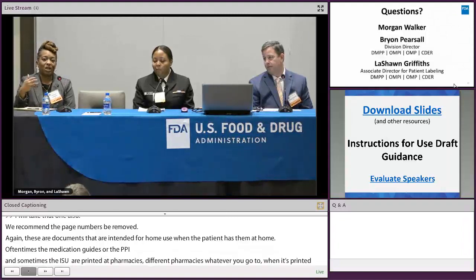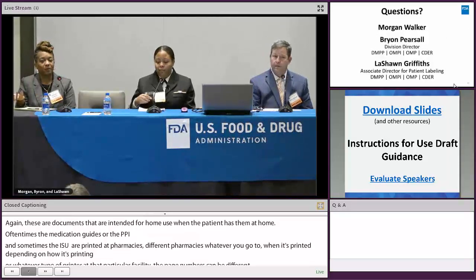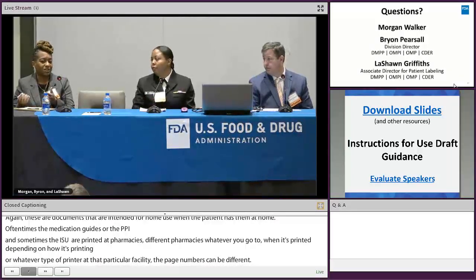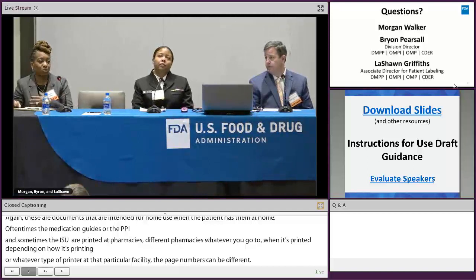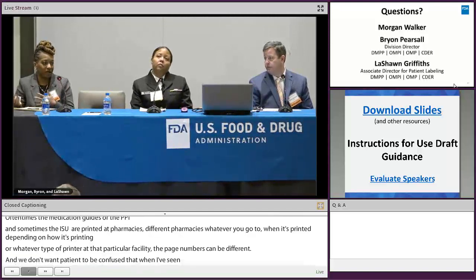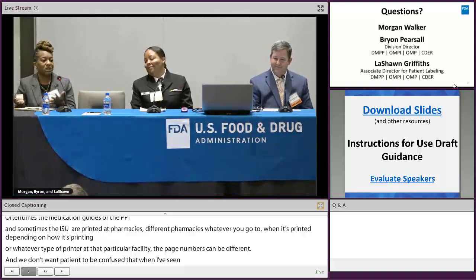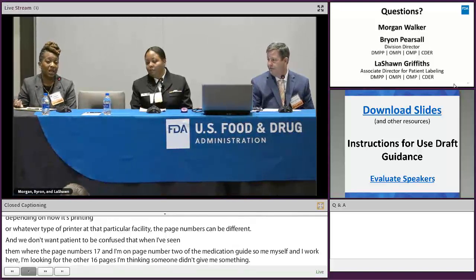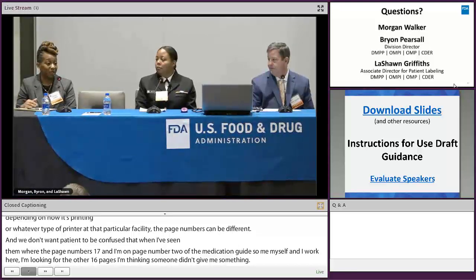I've seen them where the page number is 17 and I'm on page number 2 of a medication guide. So myself, and I work here, I'm looking for the other 16 pages. I'm thinking, oh, someone didn't give me something. So again, to decrease patient confusion, we recommend that the page numbers be removed because depending on how the document is printed, it can be completely wrong or it can be slightly off.